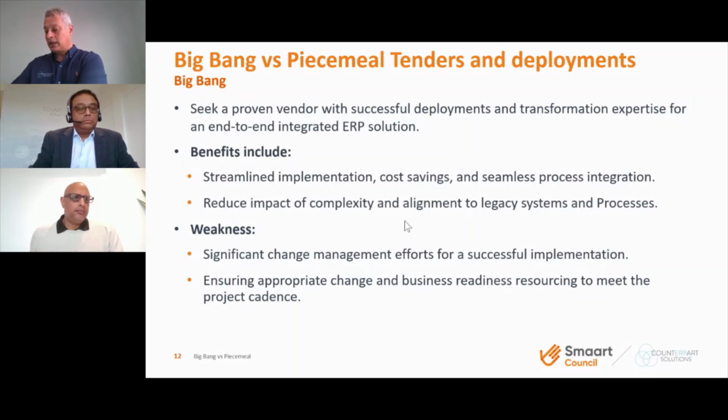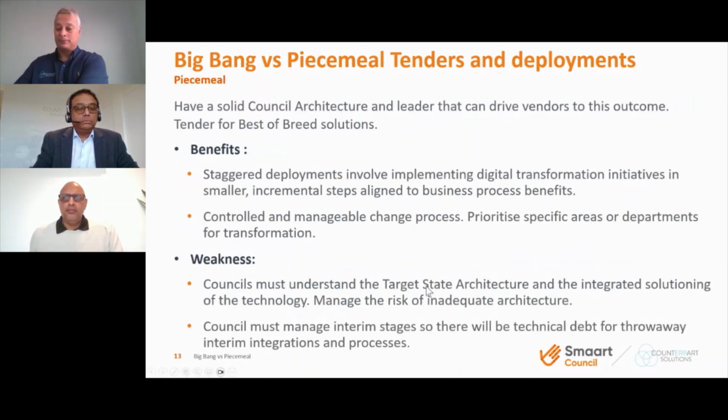Dylan, did you want to give any excerpts or understandings that you've seen around the Big Bang? Yeah, sure. Thanks, Wayne. I suppose we've got one regional council at the moment that's been working on a Big Bang approach and a full digital transformation of their solutions. The benefits of working with a vendor that has a clear architecture in place enables the local governments to see the vision of what they will get and how the end-to-end solution works together.